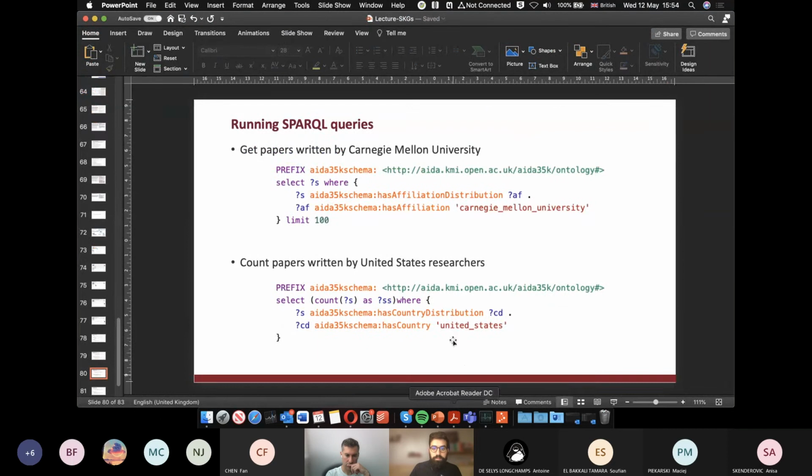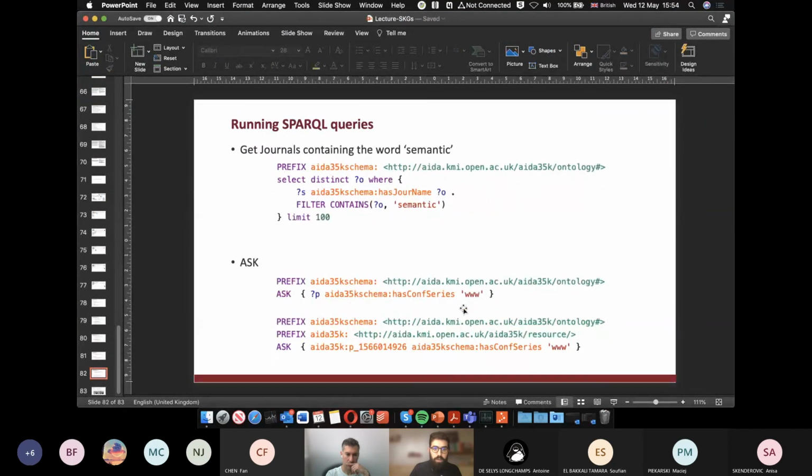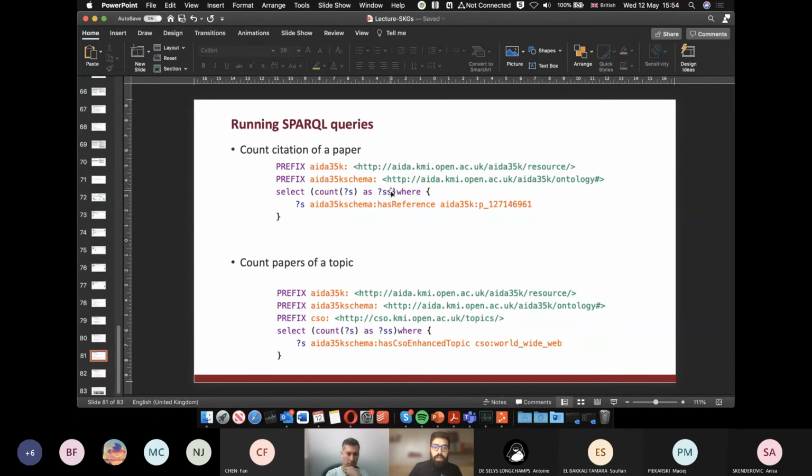What else? Let me check. I've got another 2 slides. Okay. Then I can count the citations of a paper. This is an interesting one because this is perhaps one of the most used, because people, to assess science, use a lot of citations, and they count citations. So in AIDA, I have a paper that cites another.